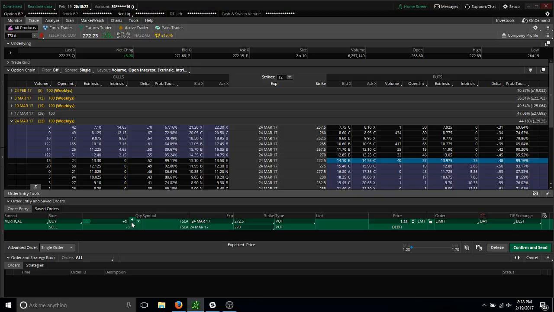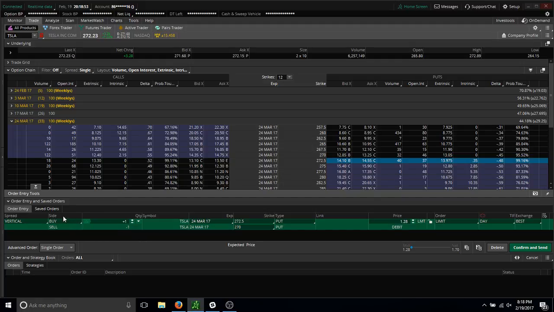So one contract. Now I want to make sure that I am long, or I bought the 272.5 put, and I want to sell the 270. Now that's not the $2 wide that we're looking for, but it's around that. And then you can see my debit is 128.